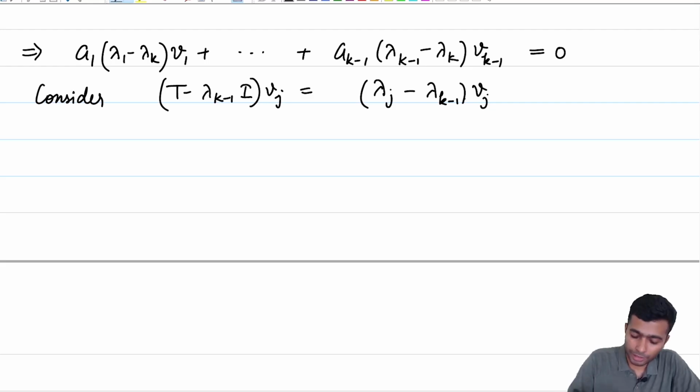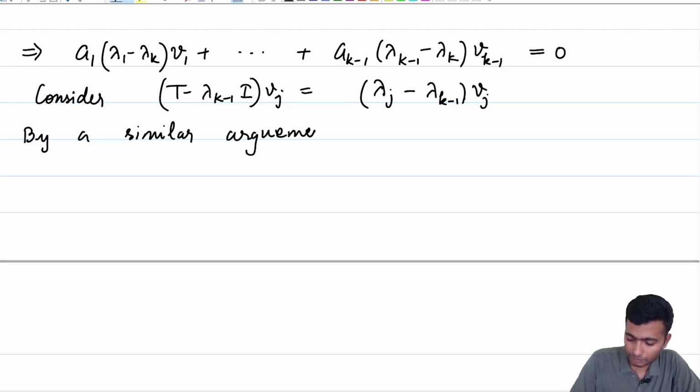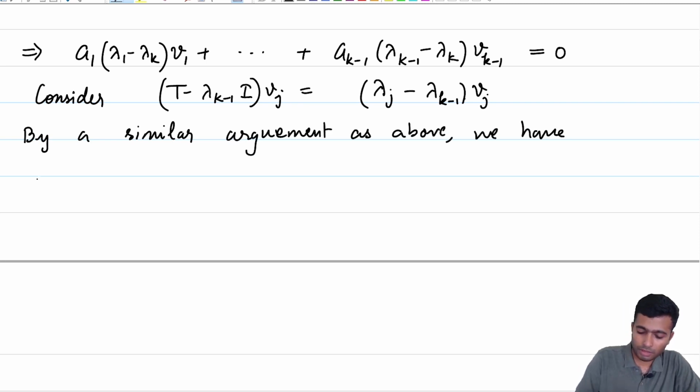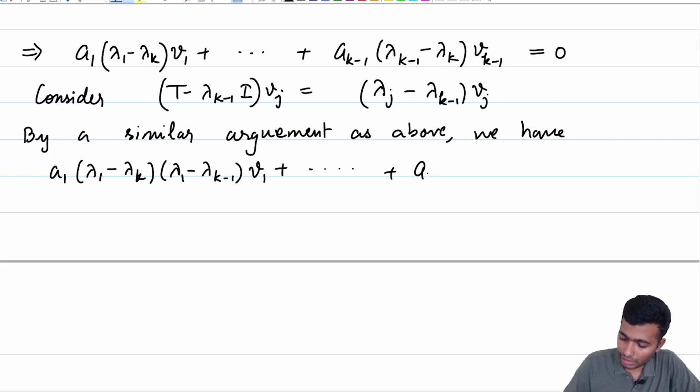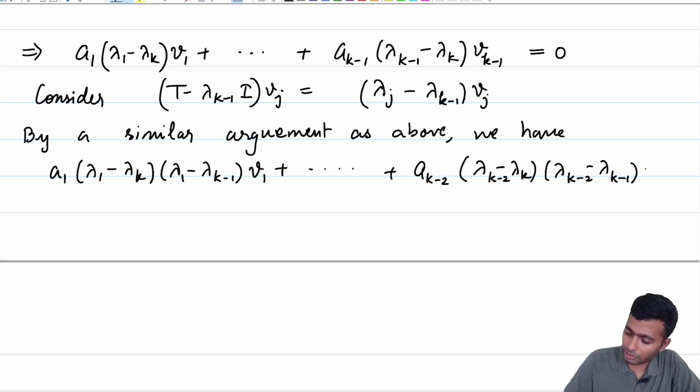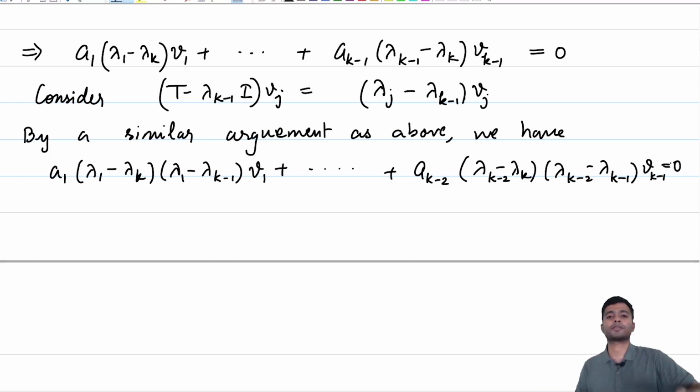So, by a similar argument as above, we have a1 times lambda 1 minus lambda k, lambda 1 minus lambda (k-1) times v1 plus up to a(k-2) times lambda (k-2) minus lambda k into lambda (k-2) minus lambda (k-1) v(k-2) is equal to the 0 vector.